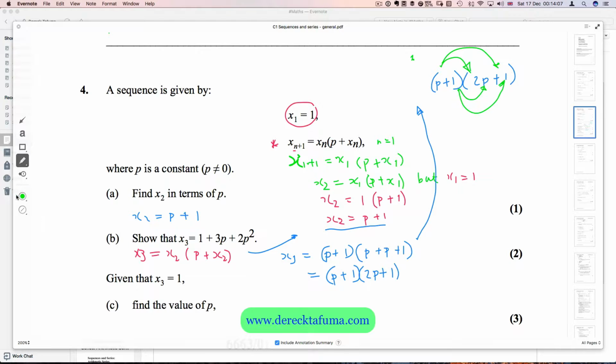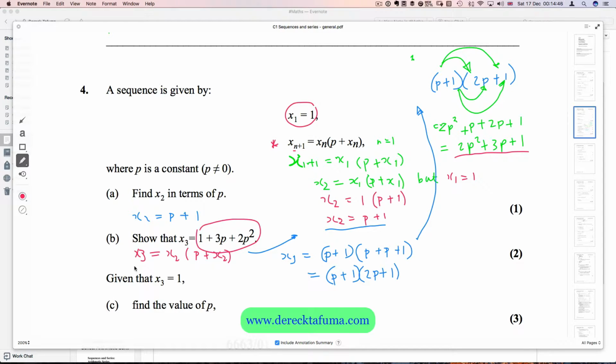So that becomes 2p squared plus p plus 2p plus 1, and that becomes 2p squared plus 3p plus 1. Okay, so this here is the same as that.